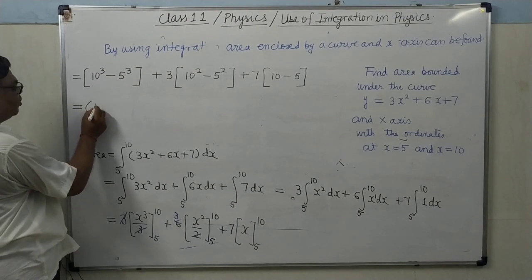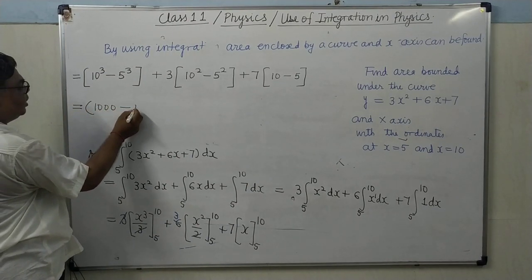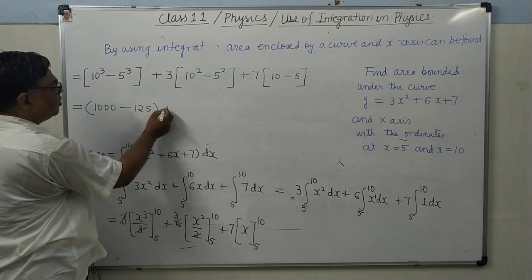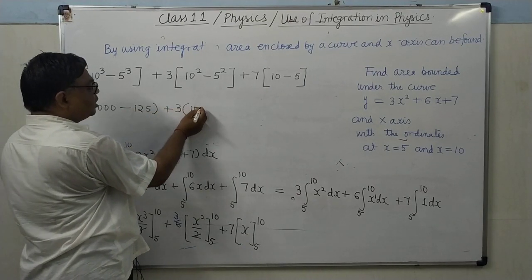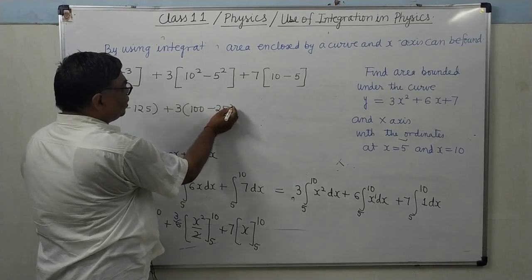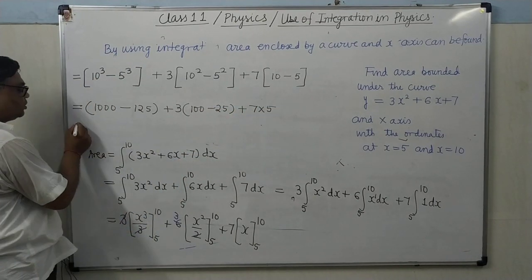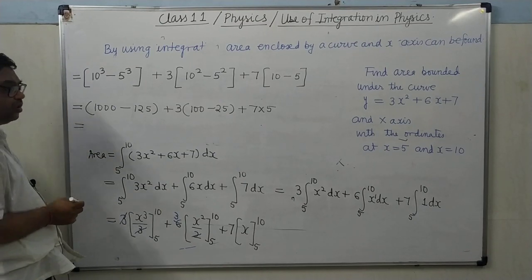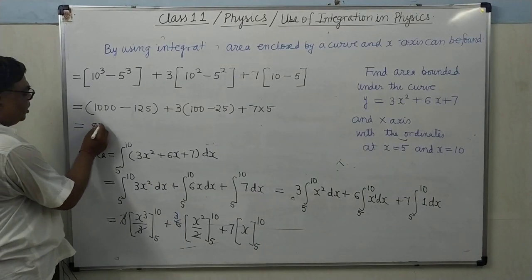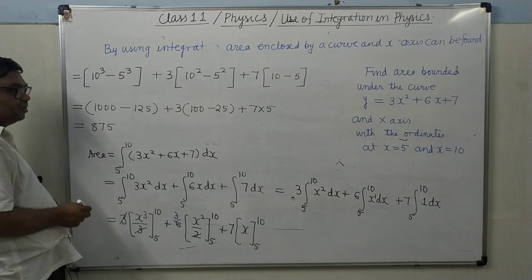10 cube is 1000 minus 125. 10 square is 100 minus 25, plus 7 into 5. You further simplify. So it will be equal to 875. Is it clear?